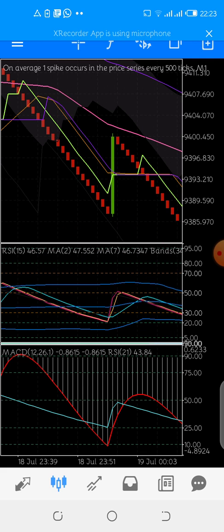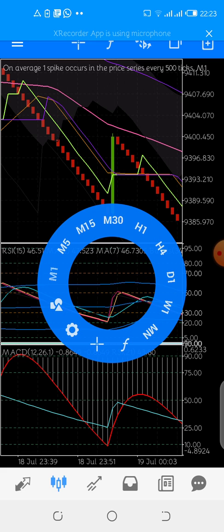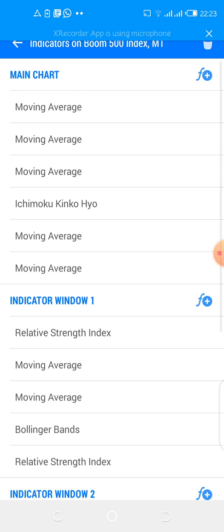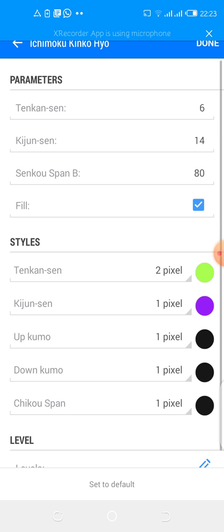To download the TDI settings, let me just do the settings here, not for the TDI, but leave the moving averages alone. I want you to focus on, please take a screenshot, this is our Ichimoku that is on the main window. Leave the Senkou Span of 80. That one you can put to whatever you want.